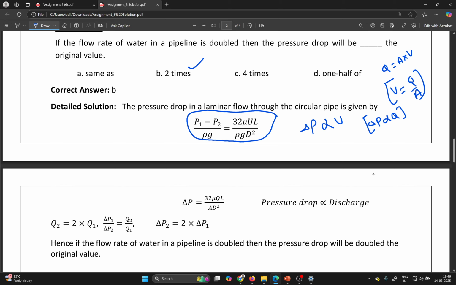Right? So here delta P1 divided by delta P2 will be your Q1 divided by Q2.